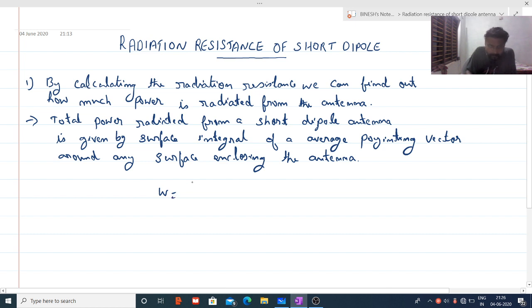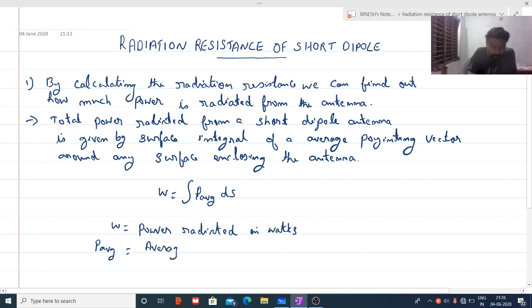W is the integral of the average Poynting vector, P average, into ds, a surface integral, where W is the power radiated, normally indicated in watts, and P average is the average Poynting vector, indicated in watts per meter square.